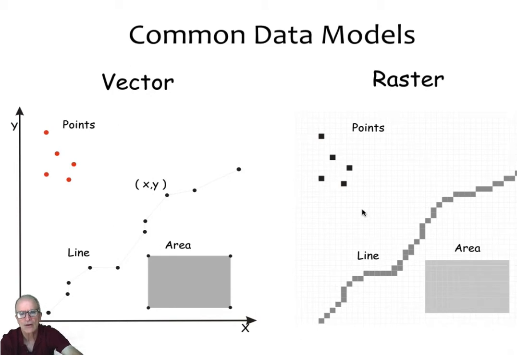Rasters are better at describing gradients. We can do the in or out. We have a code for one parcel and a different code for another, so you can say whether you're in or out of the area. But we can also represent continuous features by having a value at each of these points. So rasters tend to be for continuous features or for data that are collected as rasters, whereas vectors are more often for discontinuous or discrete features.